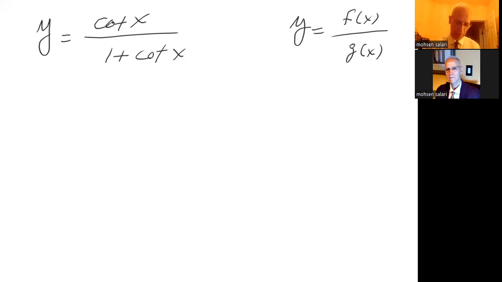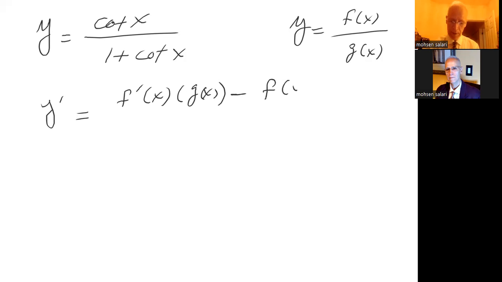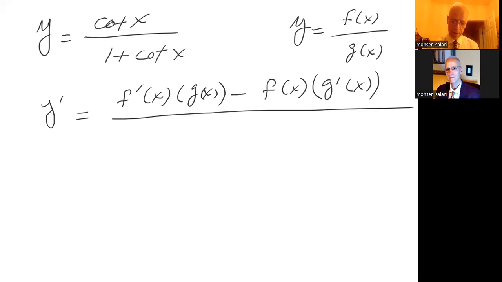And so y prime of x is going to be derivative of top, f prime of x times g of x, minus the top untouched times g prime of x all over g of x to the second power.